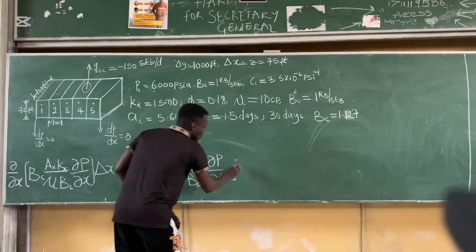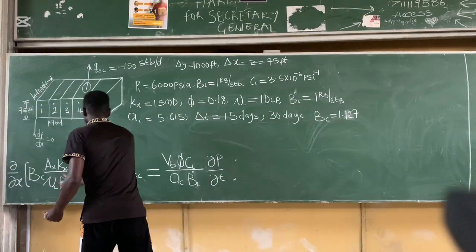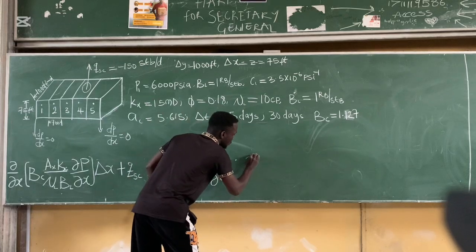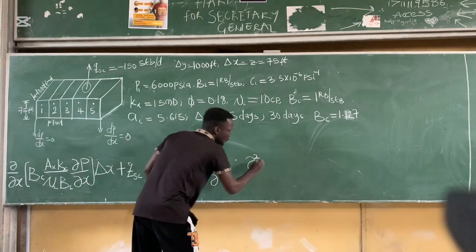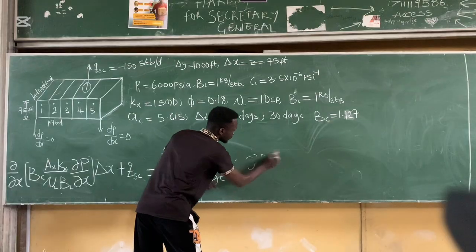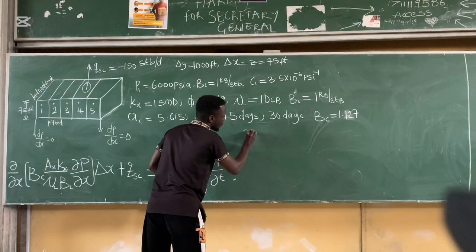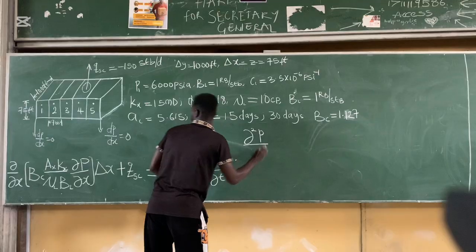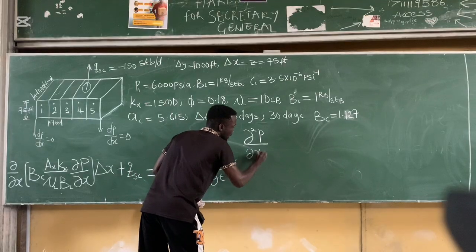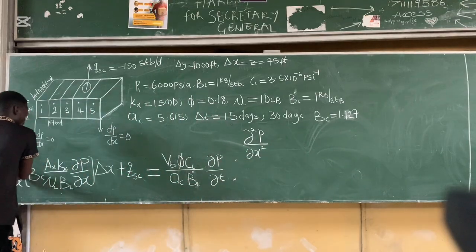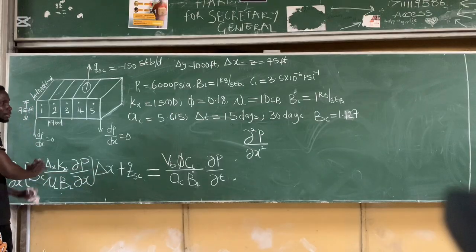If that is the case, the left-hand side will be equal to d squared P over dx squared. If we use this to multiply and write the other parameters, it's also the same thing.